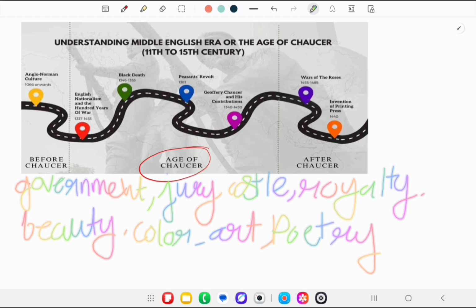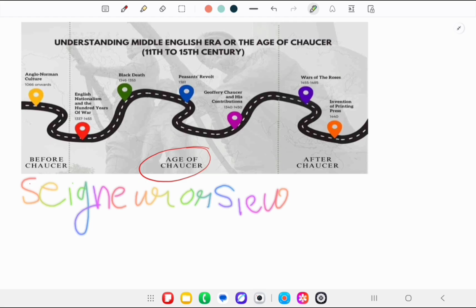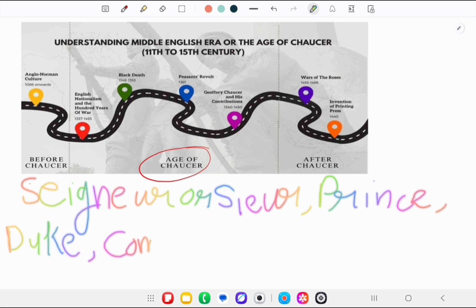Various French terms were used as titles of nobility, such as seigneur or sire, and prince, duke, comte, vicomte, and baron.